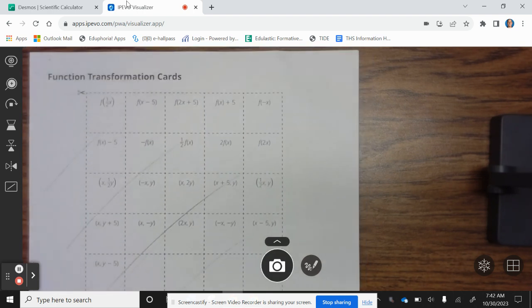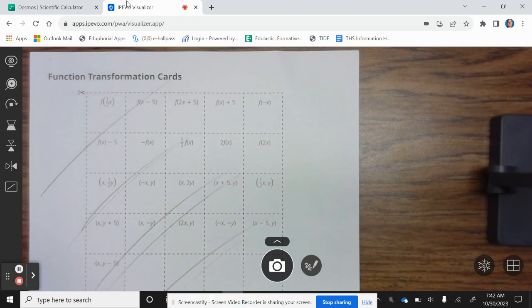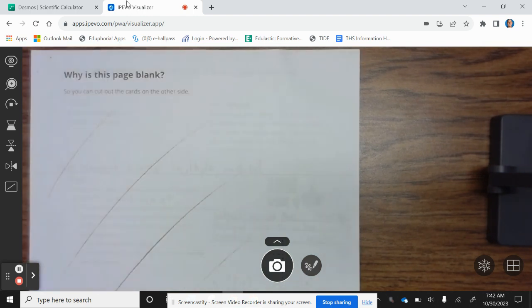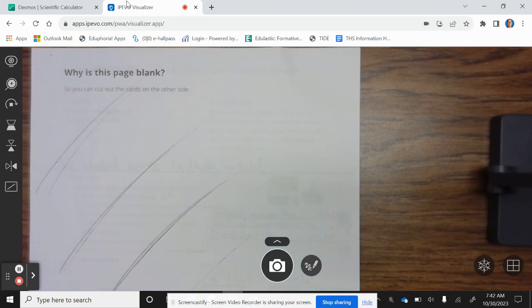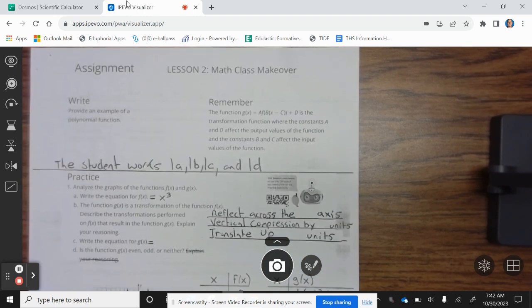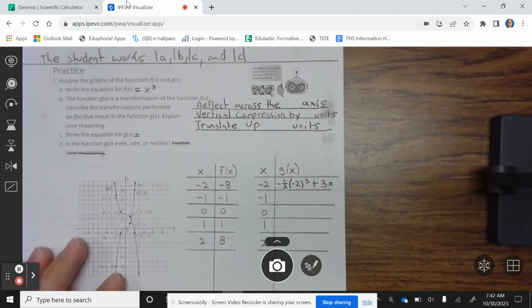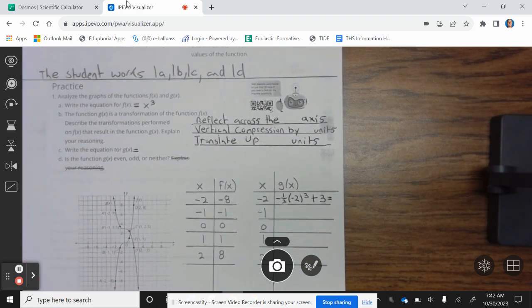All right, go ahead and mark this page off. The student works 1A, 1B, 1C, and 1D.